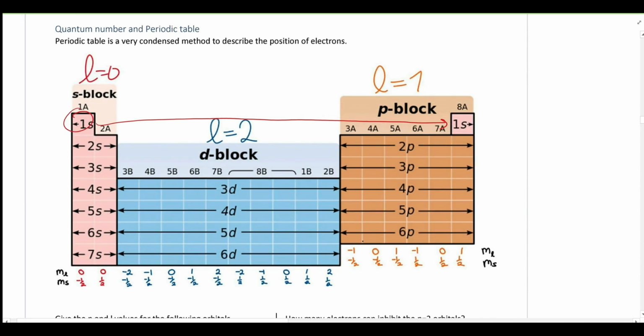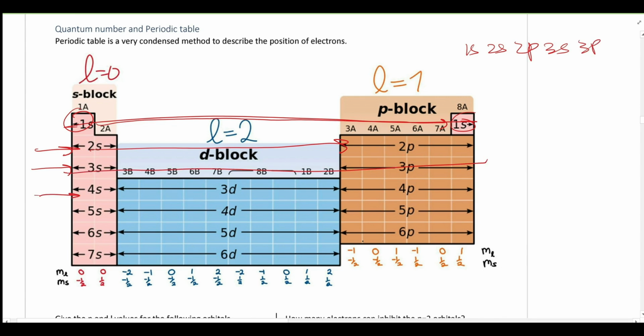So 1s, 1s. The first one is 1s. And then if you keep going, you're going to meet the 2s. Then you're going to go 2p. Then 3s. 3p. And then we're going to jump to 4s. That's where we come back to the 3d, and so on and so forth in terms of the energy state.